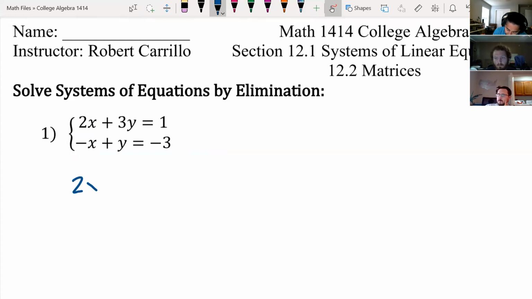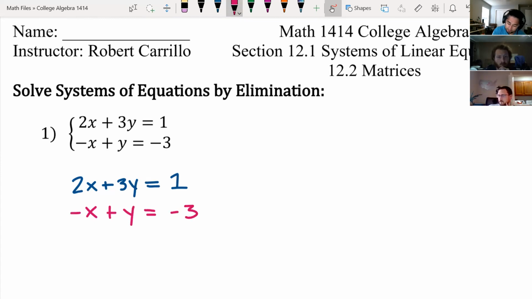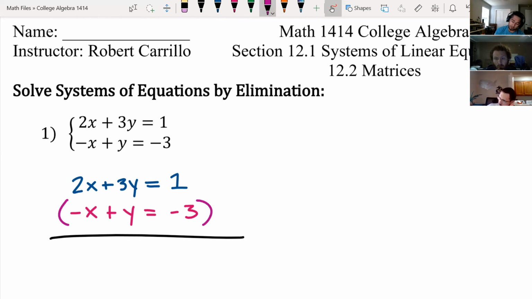I'll pull these out. 2x plus 3y equal to 1. And then negative x plus y equal to -3. Now I said I wanted to eliminate x. So that means that the second equation is going to get multiplied by 2.